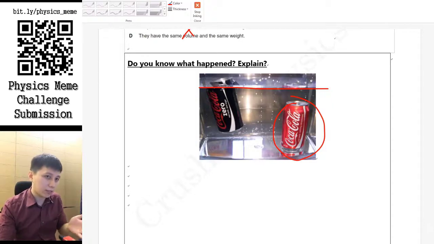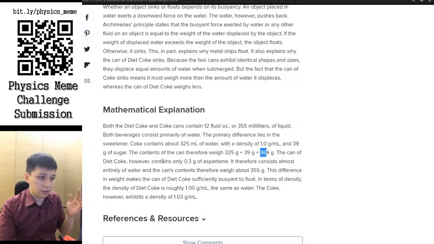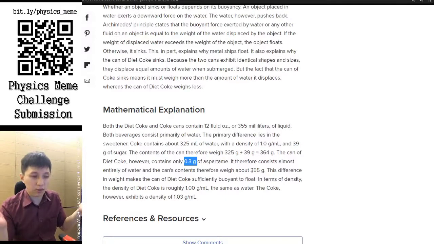And so for the Diet Coke, because it only contains like 0.3 grams of some sort of sugar replacement, I suppose, I don't even know what this chemical is, and therefore most of its content is simply the water inside.